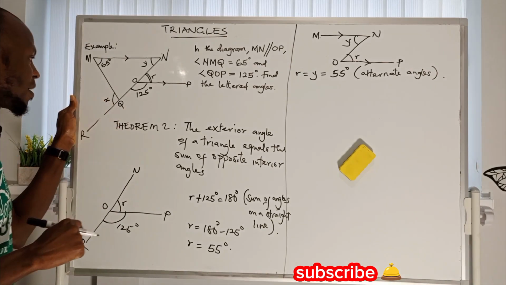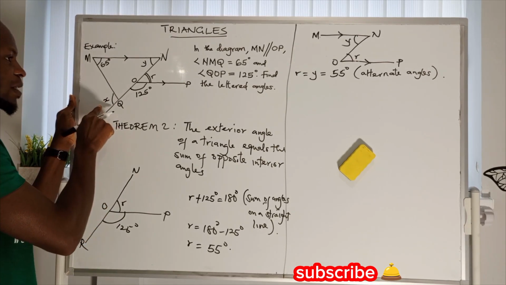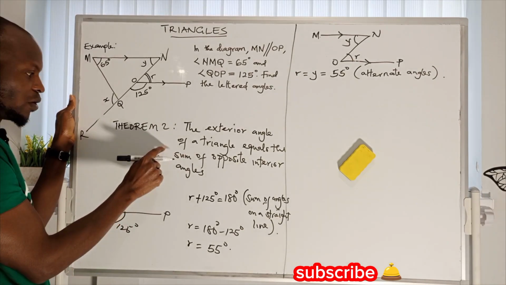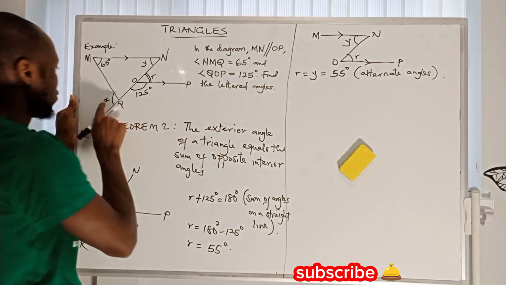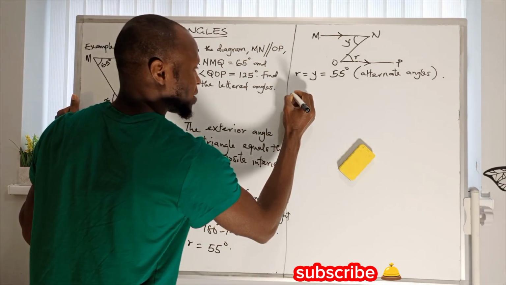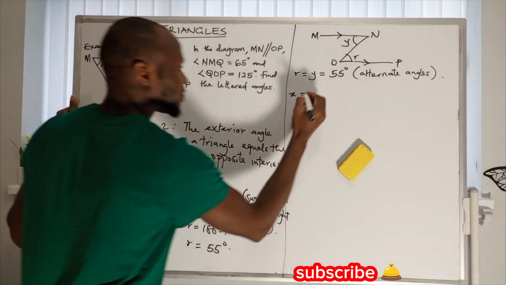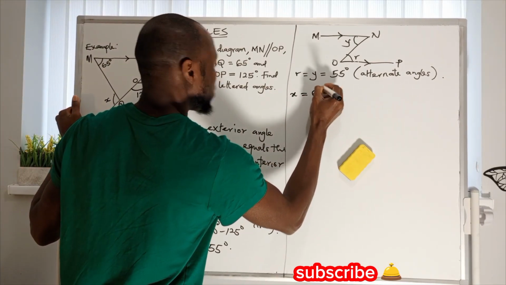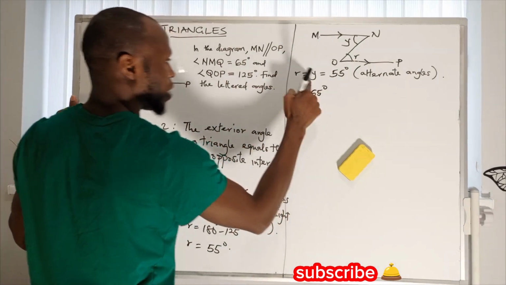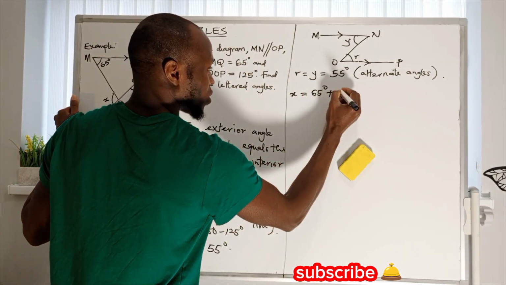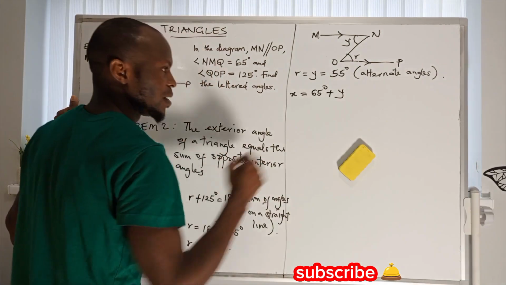Next, I also need to find X. From this theorem, my X is equivalent to this 65 that I have here plus my Y, which is 55 degrees. Why?